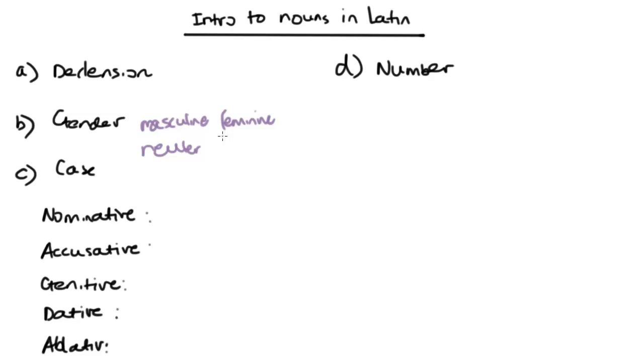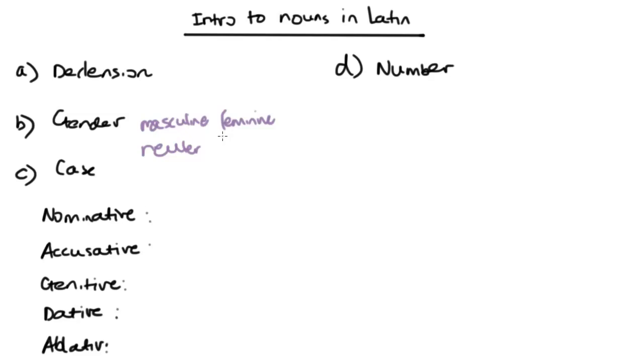However, Latin does have a 3rd gender, which is neuter. Neuter is usually used for inanimate objects, or things that you traditionally wouldn't think would be masculine or feminine. The important thing with gender is that each noun will fall into one of these genders.